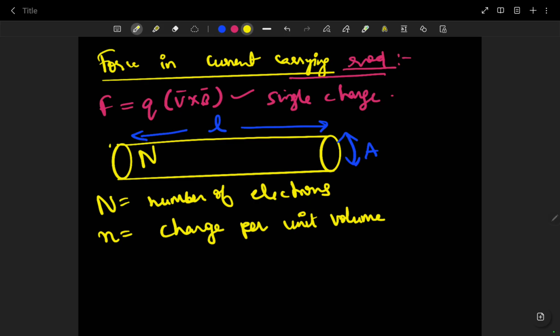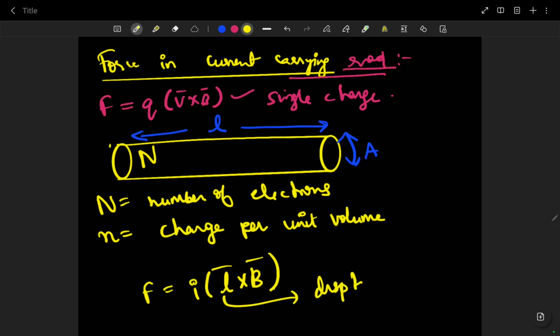So if you have that, the formula goes like this. F equals I L bar cross B bar. I want to tell you that L is the displacement length, right?